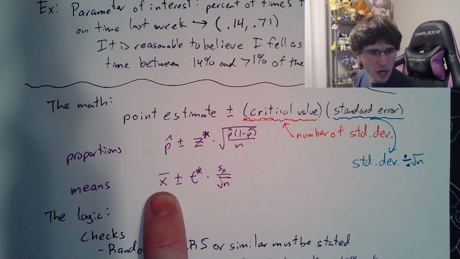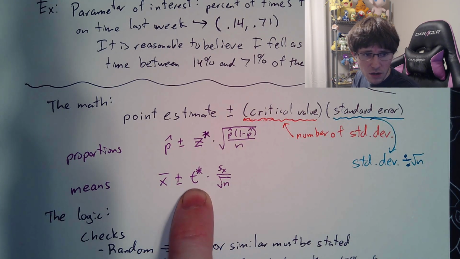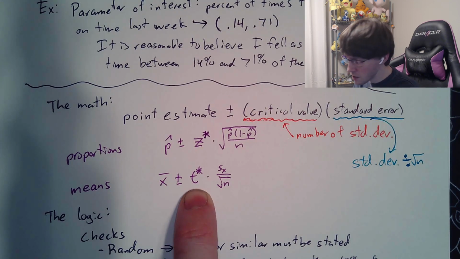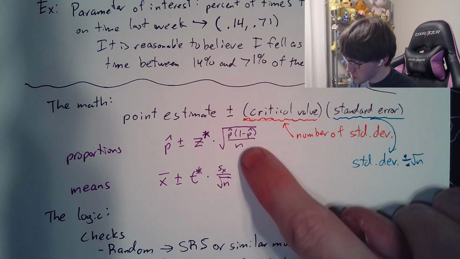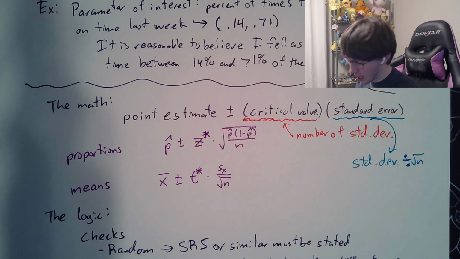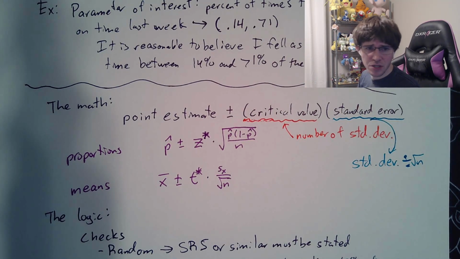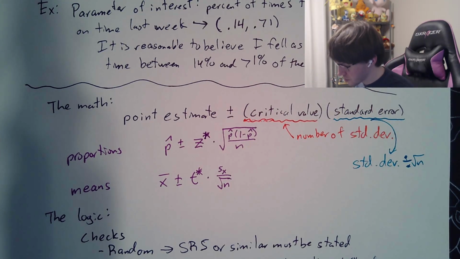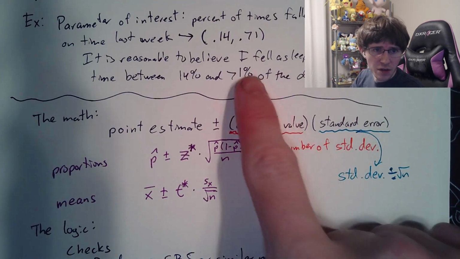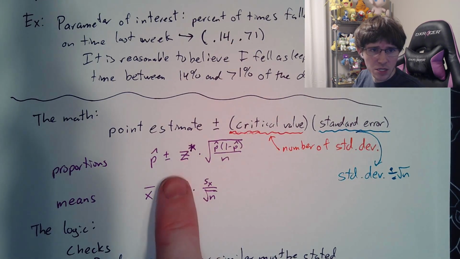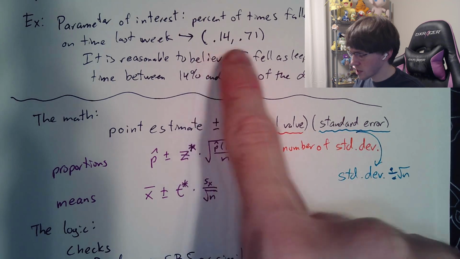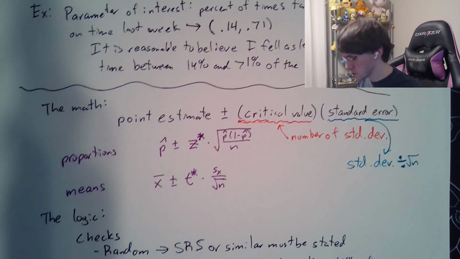This is our x bar, our mean. t star is the critical value we use for means, and this over here is our standard deviation divided by the square root of n. Anytime you do a confidence interval, there's going to be a center. On this one, the center would have been our point estimate, the proportion, and then it would go left or right a certain number of standard deviations.